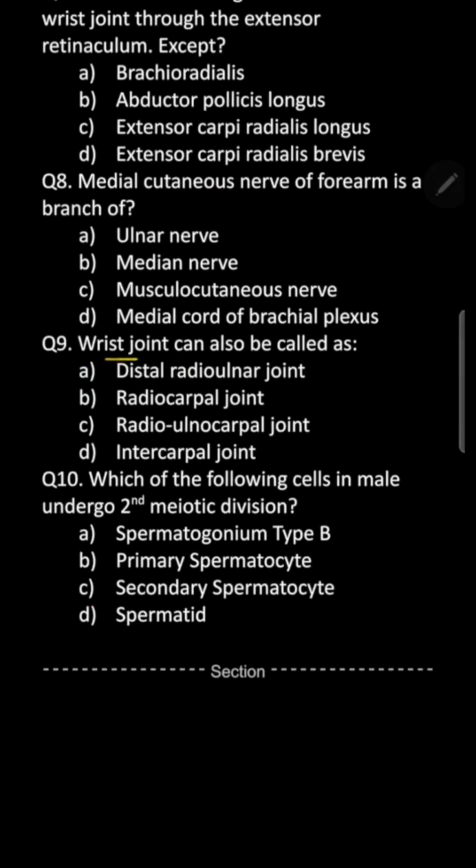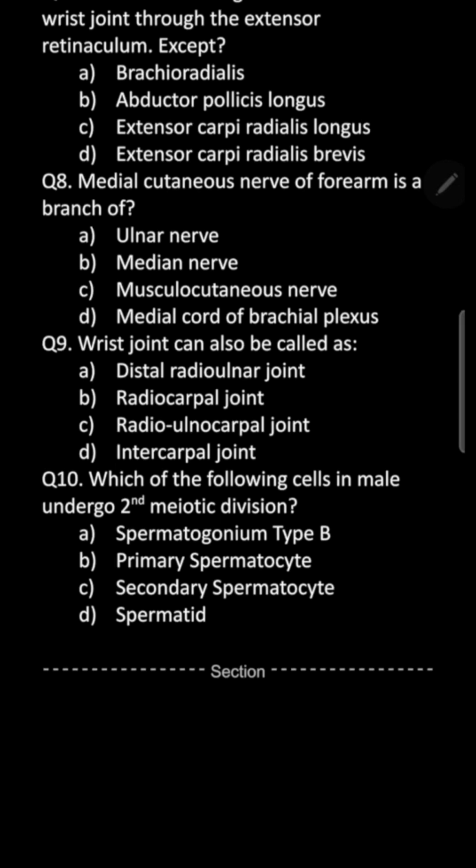Question number 9. Wrist joint can also be called as distal radio-ulnar joint, radiocarpal joint, radio-ulnocarpal joint, intercarpal joint. So you know that the lower end of the radius articulates with the scaphoid and lunate bone.